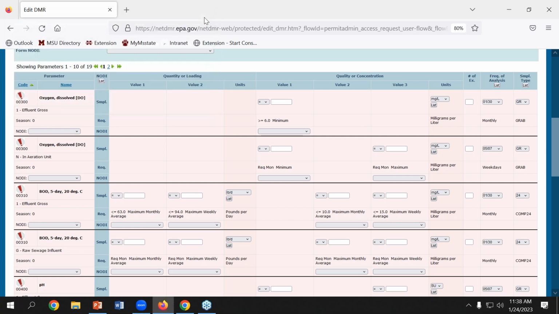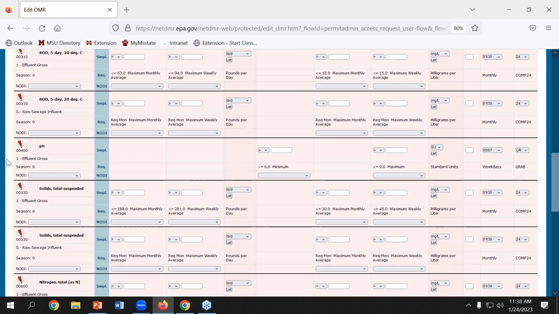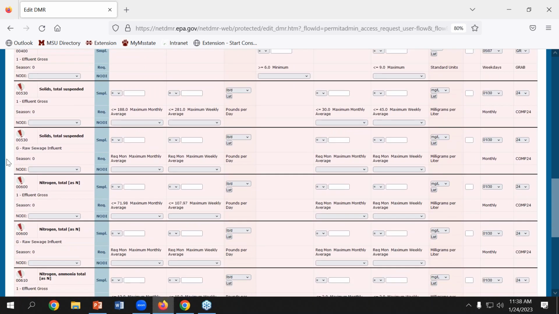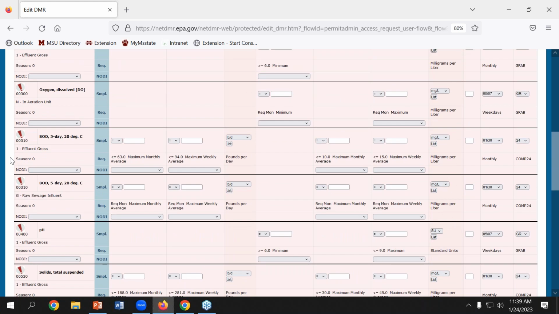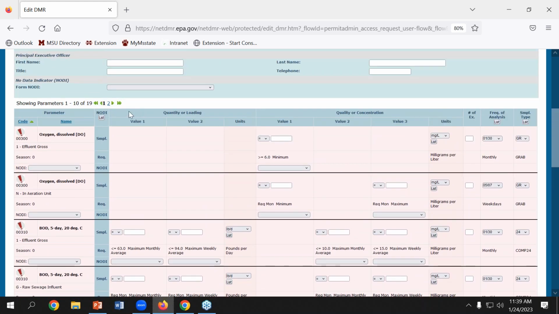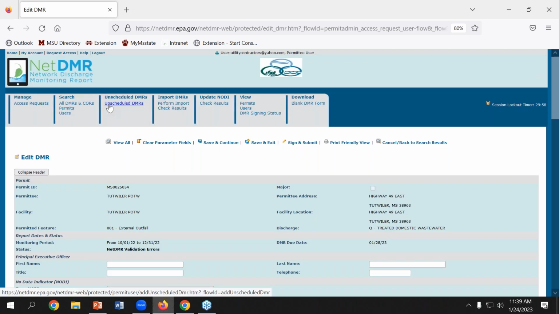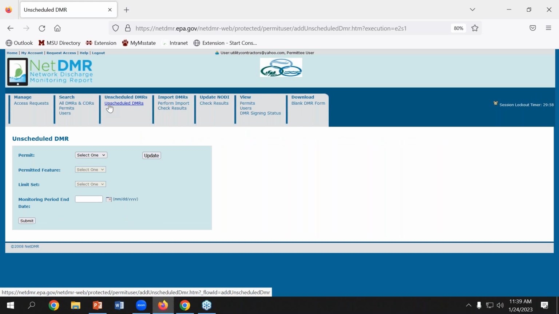We want to go down to fecal, or E. coli, I'm sorry. Go back up. It's on page 1. And go to 2B. Exit out.